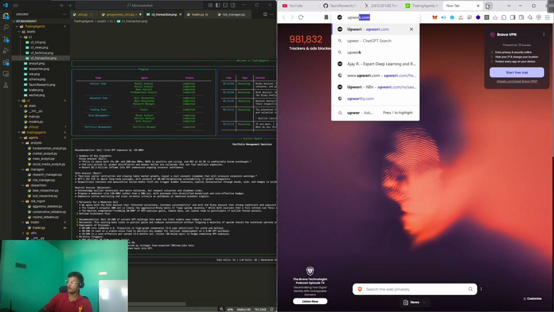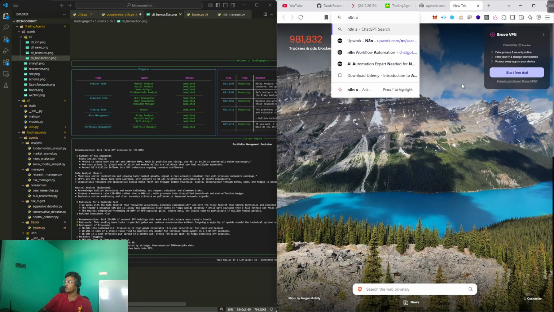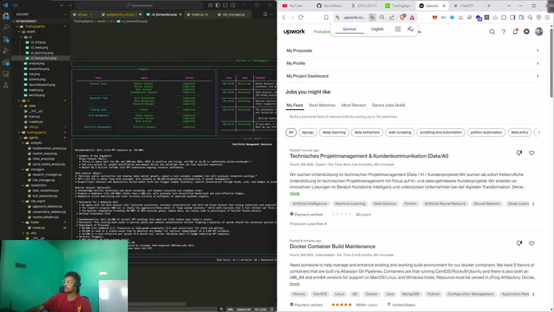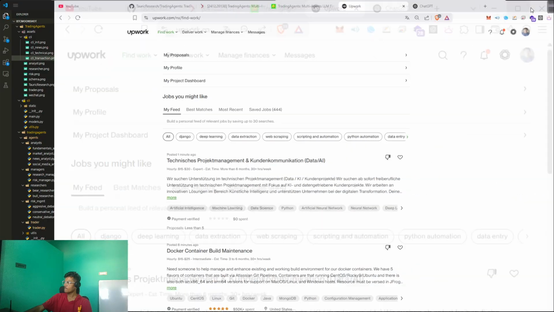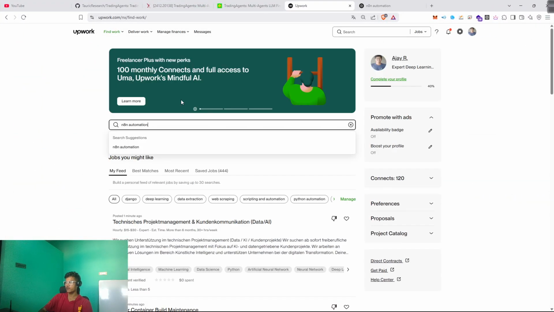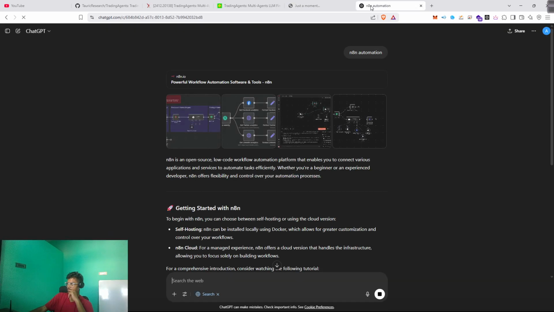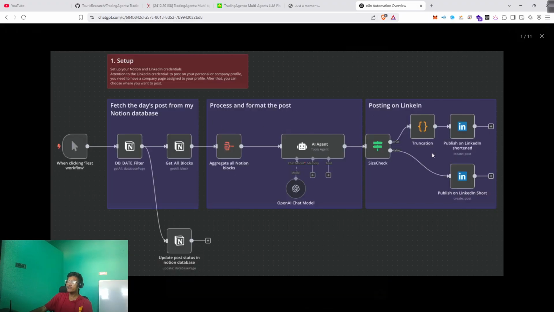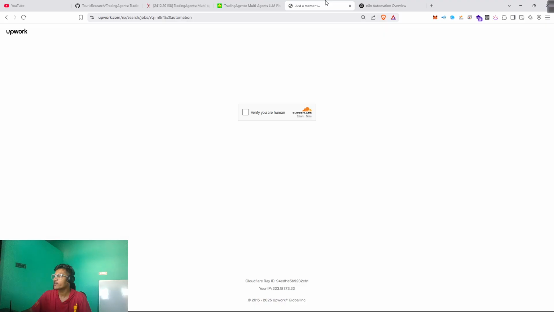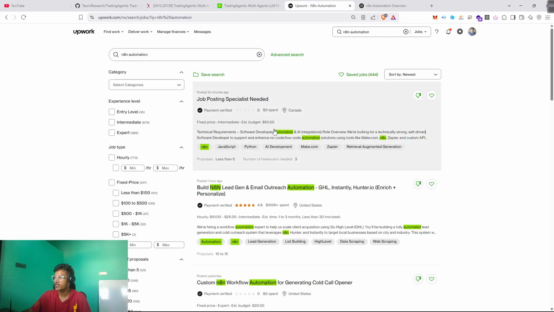If you go and look on Upwork for N8N automation, you will see that we can basically automate pretty much every online task with AI agents, which is creating this AI agent economy, and we have to get into this era of AI agents as soon as possible, because there are a lot of really good opportunities, guys.